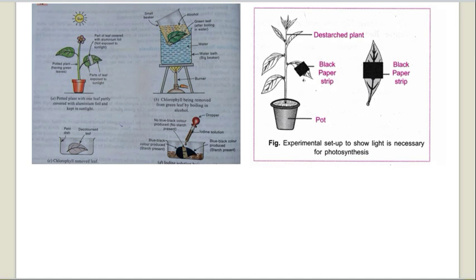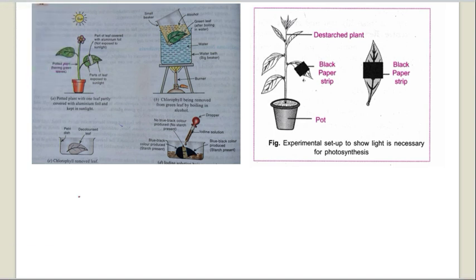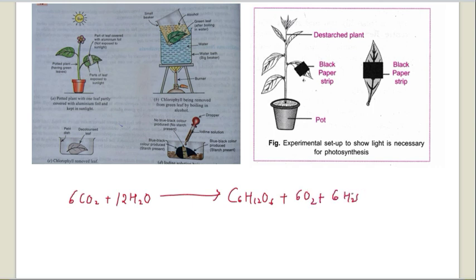As you all know, the equation for the process is 6CO2 plus 12H2O gives C6H12O6 plus 6O2 plus 6H2O.